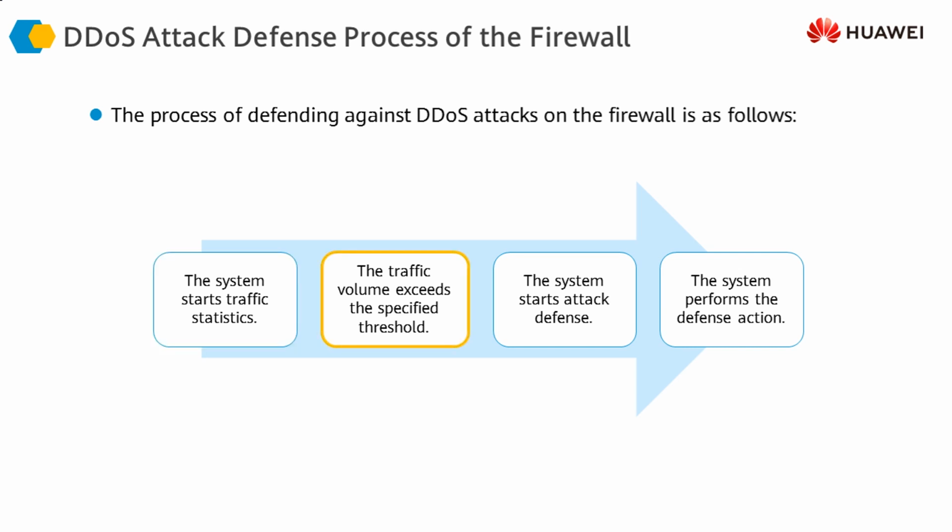If the volume of traffic exceeds a certain specified threshold, the defense mechanism kicks in, and the appropriate defense actions are taken, and the traffic is either discarded, or rate limiting of the traffic will take effect. So this will ensure that the firewall is defending our network against the DDoS attacks.